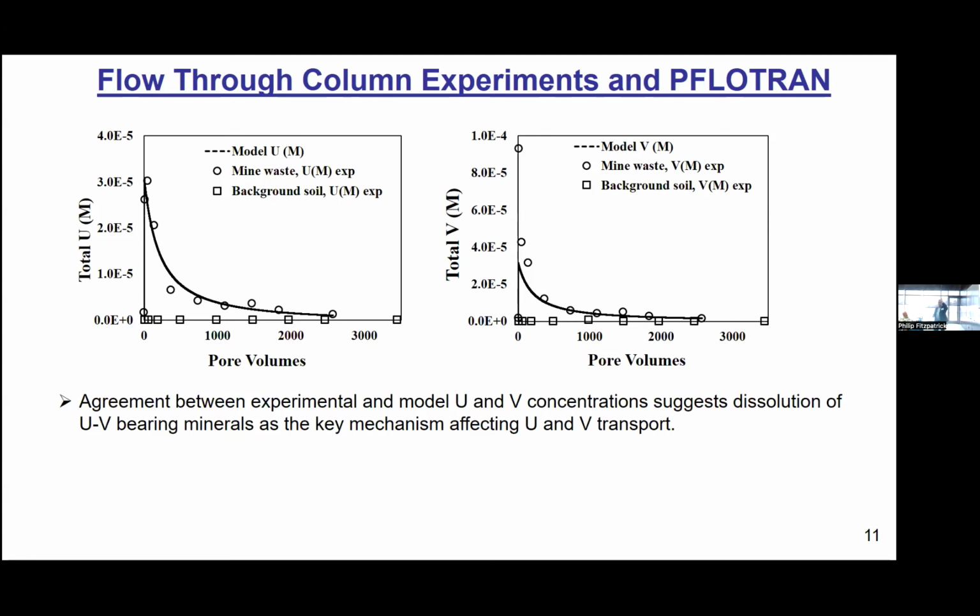We reacted this with both solutions that had bicarbonate and acidic solutions at pH 3, and we found a very nice correlation where you can pretty much explain the uranium release with this curve, assuming that it is controlled by the kinetic dissolution of carnotite, this uranium vanadate. That is very nice. And it's nice when these experiments and models coincide, but often they don't, right?